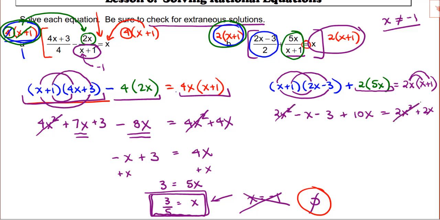I subtracted 2x squared from both sides. I did not cancel. Subtracting makes a 0. 0 doesn't have to be there, right? Okay, negative 1x plus 10x is 9x.